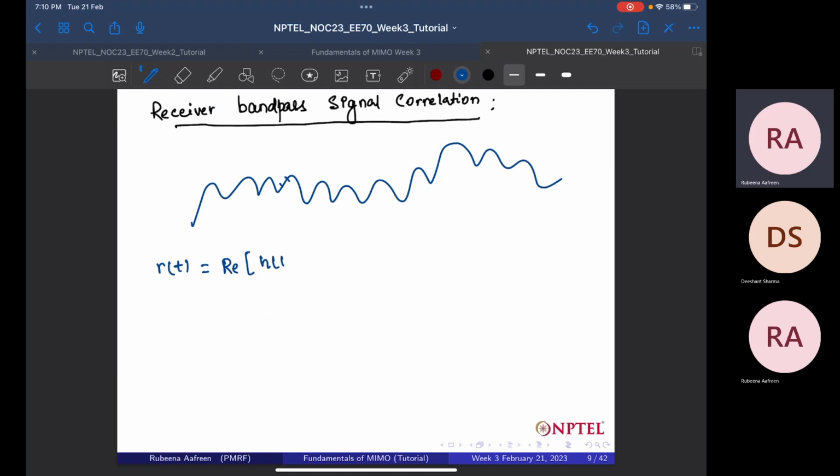R(t) we have as real part of h(t) e to the power j 2 pi fc t. h(t) we know as hI(t) plus j hQ(t). So we just write it as hI(t) plus j hQ(t).